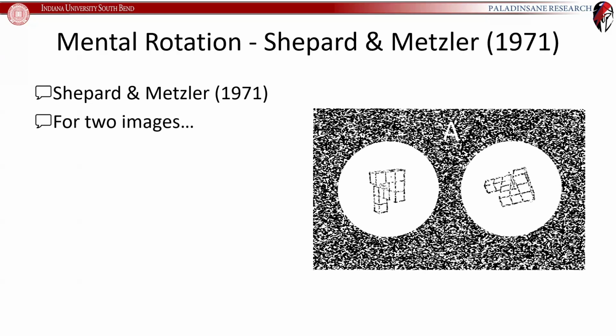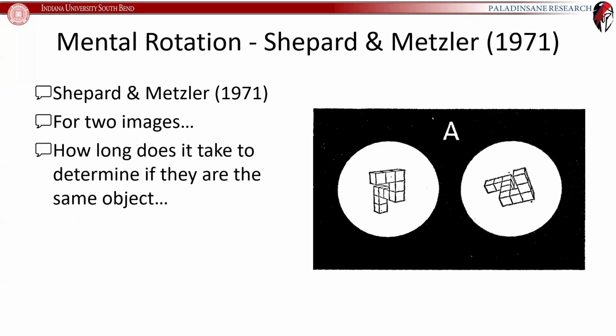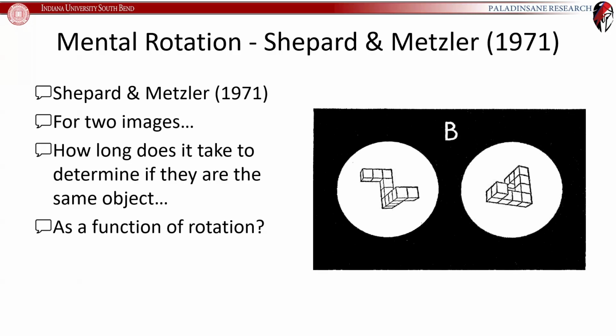They had two images, and they simply looked at how long it takes for subjects to determine if they're the same object, and importantly, as a function of rotation. So they would put up two objects like this, or two objects like this, and your job was just to indicate, are those two objects the same? They just differ by rotation, or are they two different objects?